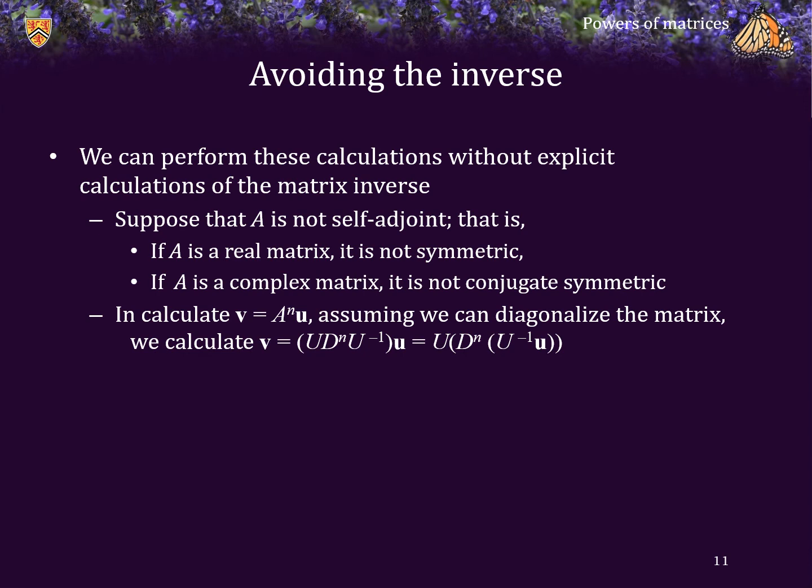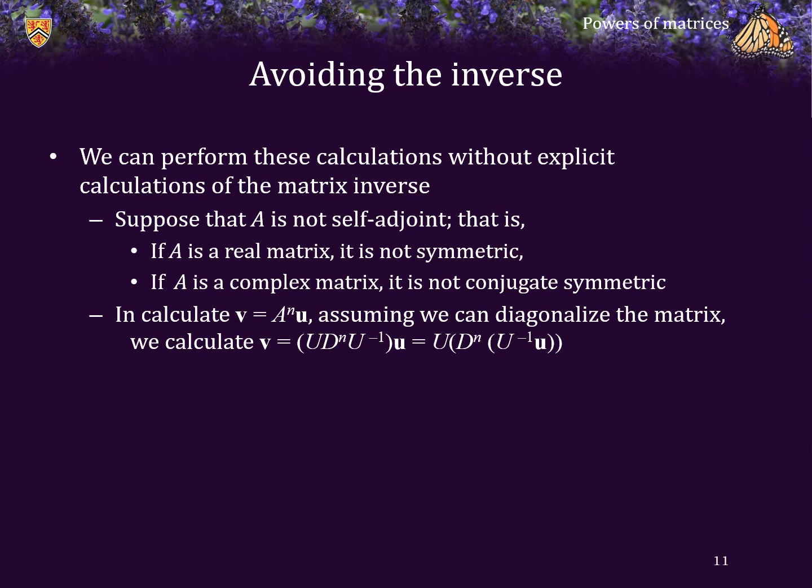In this case, if we wanted to calculate A to the n times some vector u, and let's say this result is the vector v, then assuming that we can find an eigenvalue decomposition, that is, we can diagonalize the matrix, we can then perform the calculation as follows. The vector v is equal to the product of the eigenvector matrix times the diagonal matrix of eigenvalues raised to the power n times the inverse of the eigenvector matrix.